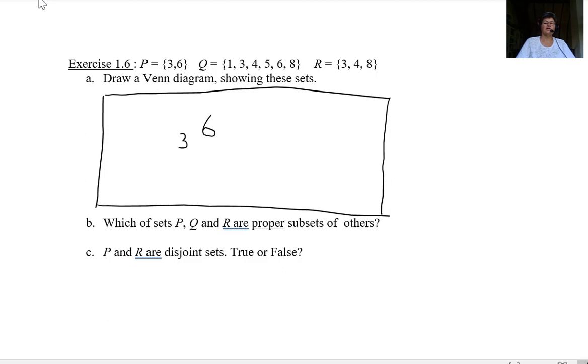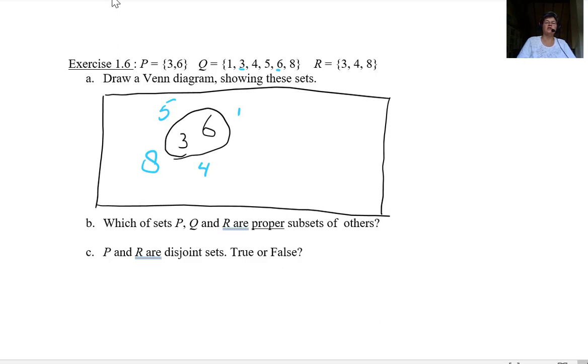So this is P. And then let's make Q blue. That also contains 3 and 6, but also the numbers 1, 4, 8, 5. And you see that I'm putting 4 and 8 a little bit close to the 3 because I'm already looking at this set R, which contains 3, 4, 8.